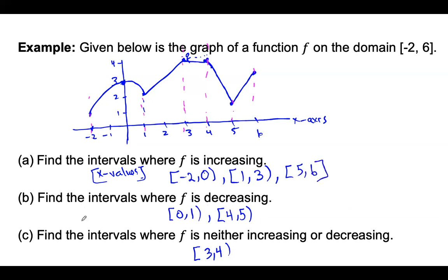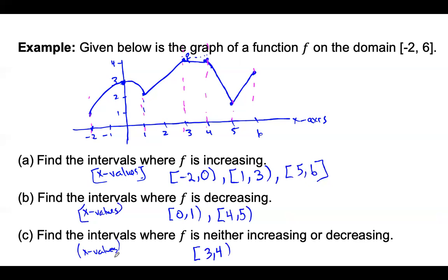Okay. So we're just looking at the X values. Does that make sense? Yeah. And it's important for physics applications, like a distance versus time graph, connecting that to something that you know.